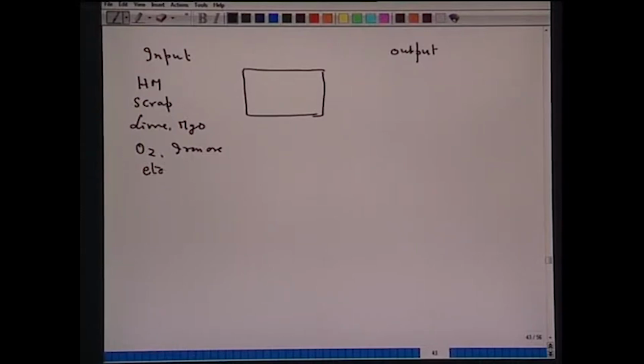What is required in the output? We require output targeted steel chemistry. With that I mean the composition of steel. We also want oxygen content in liquid steel to be very low.